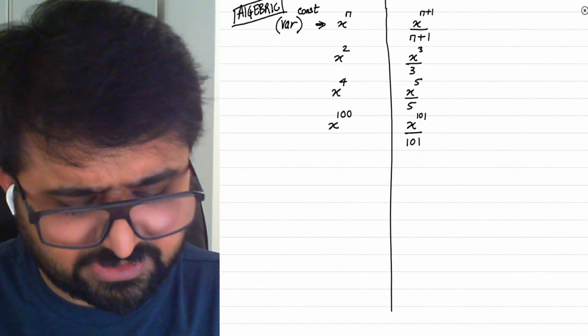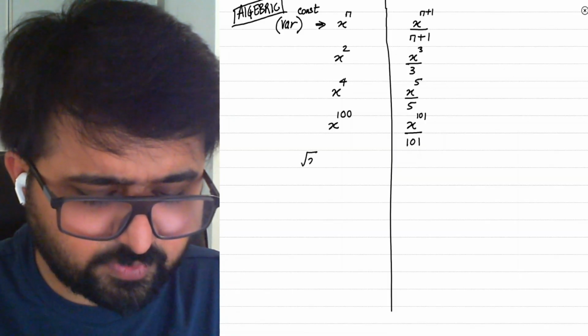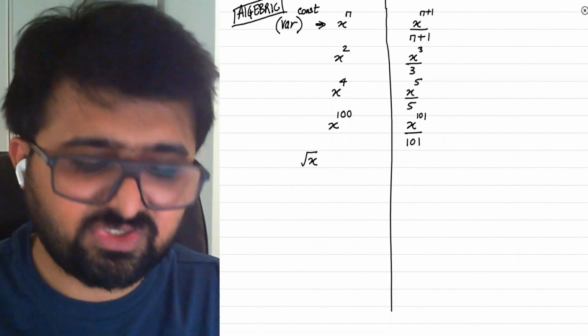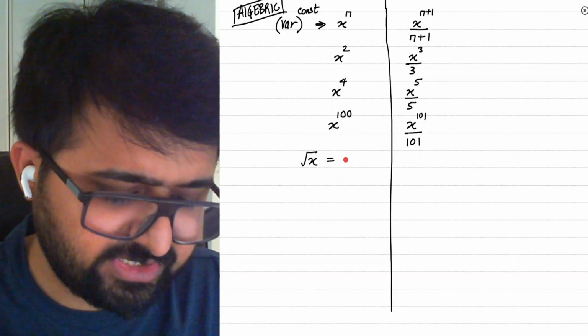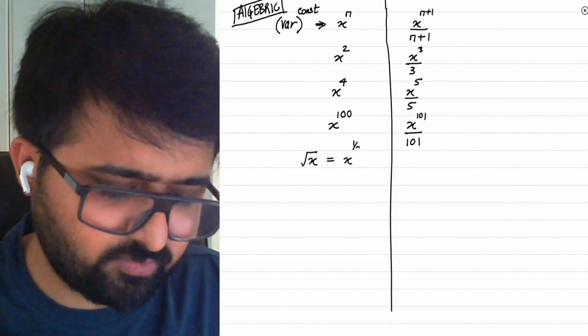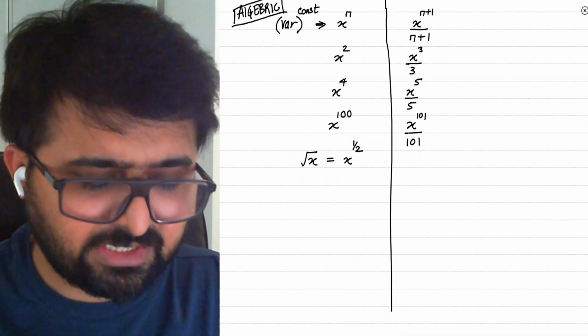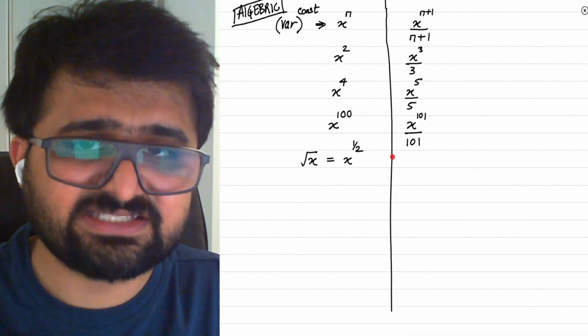Let's take a few standard ones like square root of x. We know that square root of x can be written as x to the power 1 by 2. Now, we can apply the same logic here.